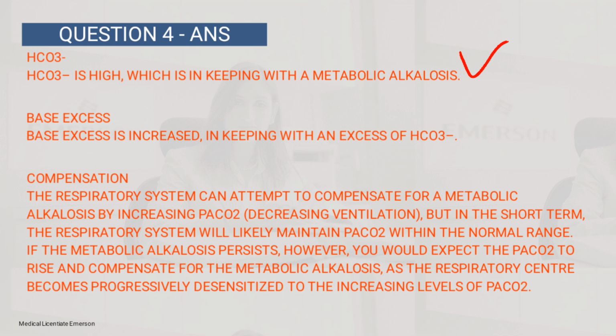So if the metabolic alkalosis persists, however, you would expect the partial pressure of carbon dioxide to rise and compensate for the metabolic alkalosis as the respiratory centers become progressively desensitized to the increasing levels of carbon dioxide. That's why we have talked about the compensation.